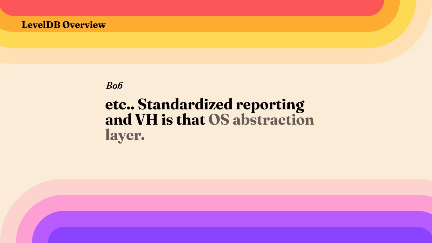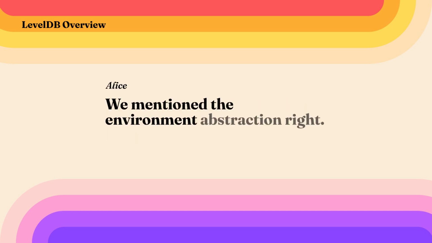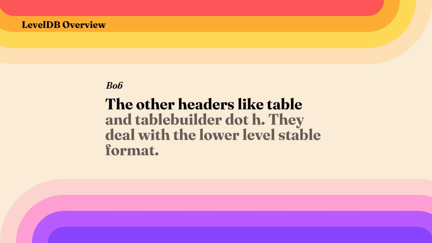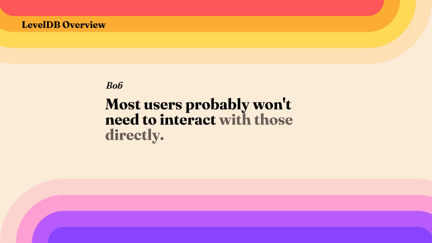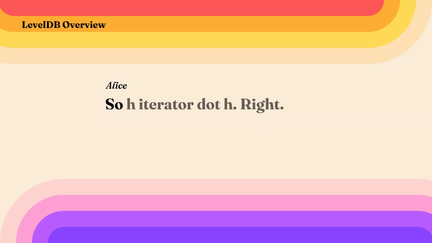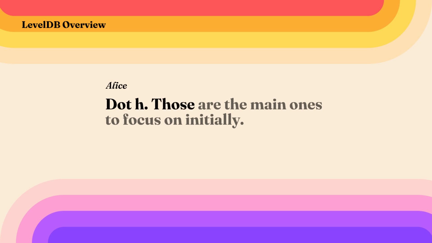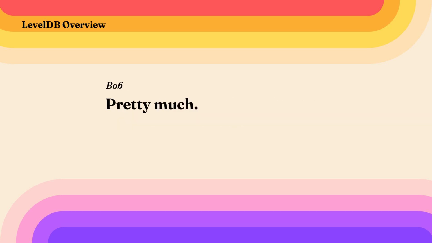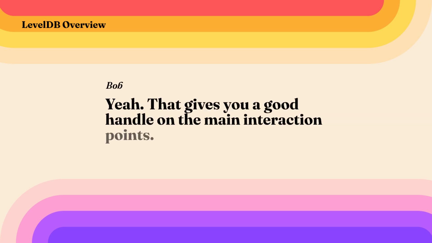And env.h is that OS abstraction layer we mentioned. It's an environment abstraction, right? The other headers like table.h and table_builder.h deal with the lower level SSTable format. Most users probably won't need to interact with those directly. Got it. So db.h, options.h, iterator.h, write_batch.h, those are the main ones to focus on initially. Pretty much, yeah. That gives you a good handle on the main interaction points.